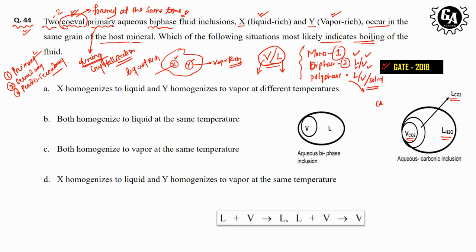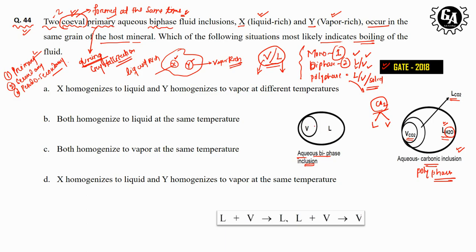In the CO2 case we have both liquid and vapor, and liquid water is also present. So this is a carbonic inclusion, a polyphase. No daughter crystal is there because it might not be a very supersaturated solution.